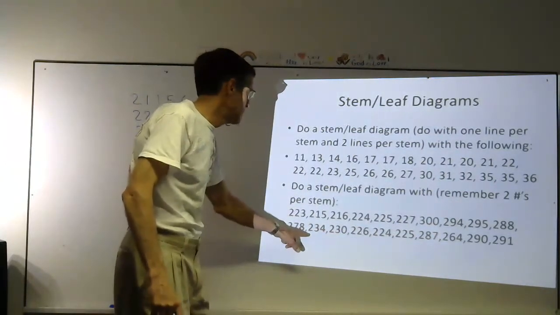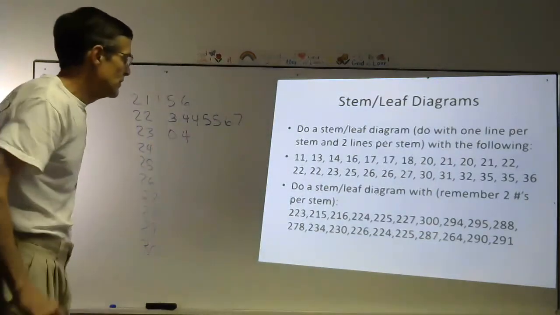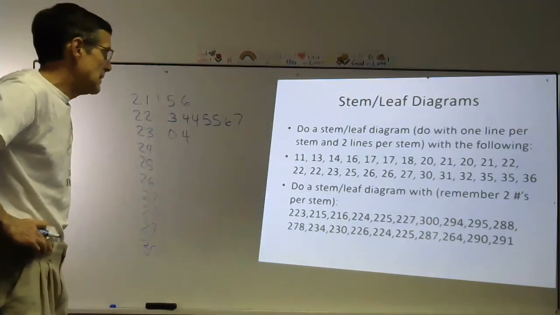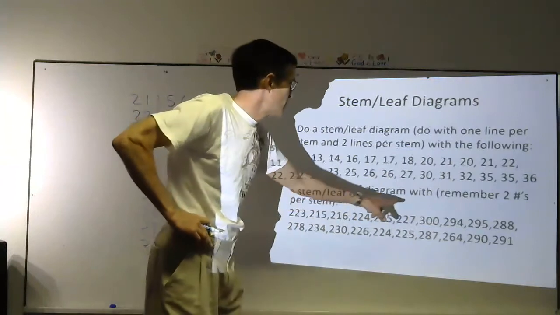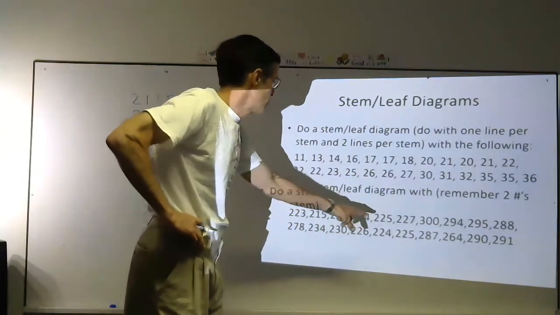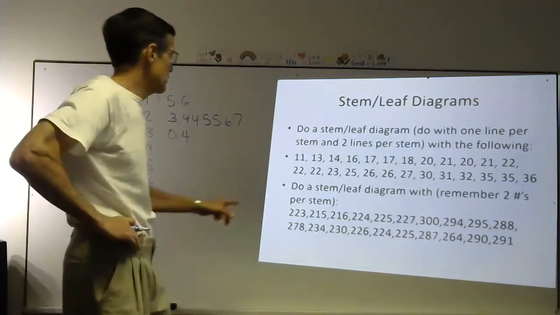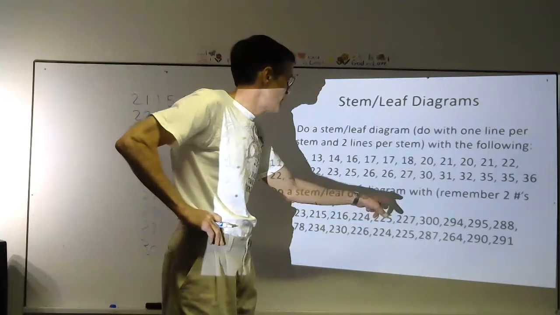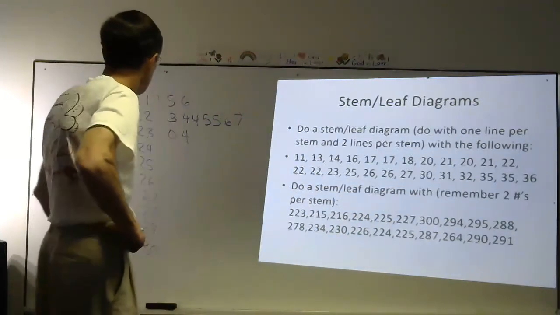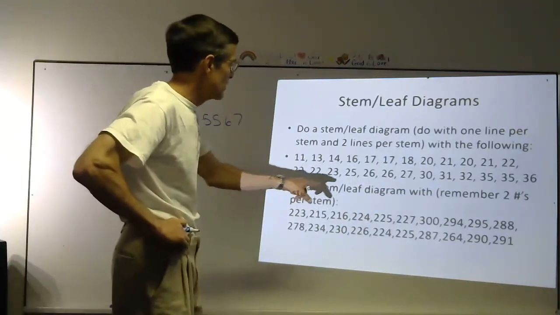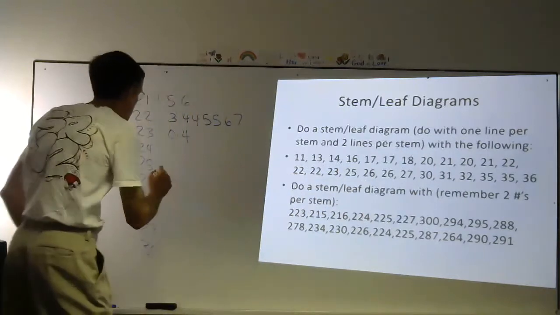I have 230 and 234. Is that it? Looks like it. How about 240s? None. Do I have any 250s? None. How about 260s? 264 is the only one.